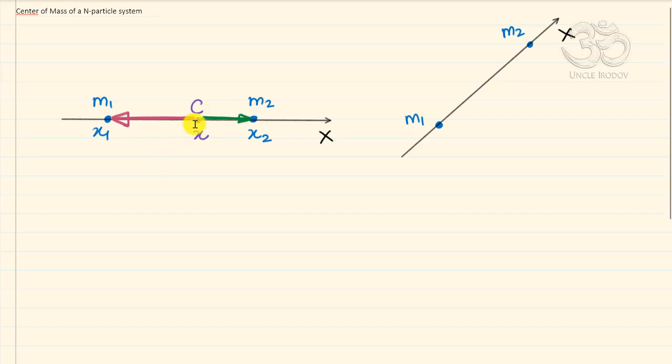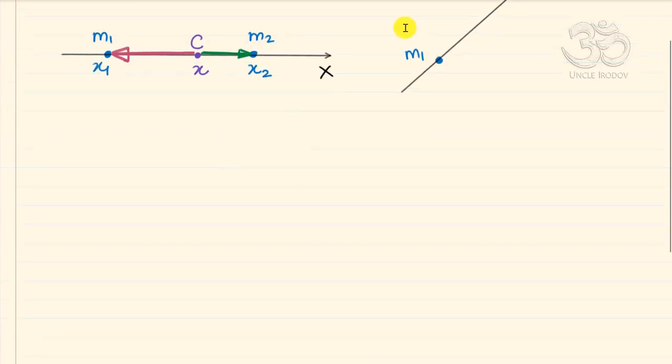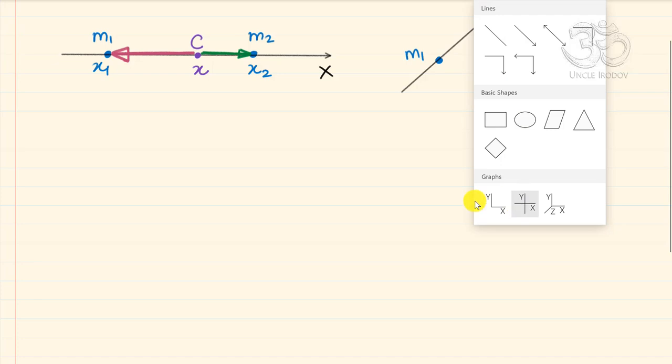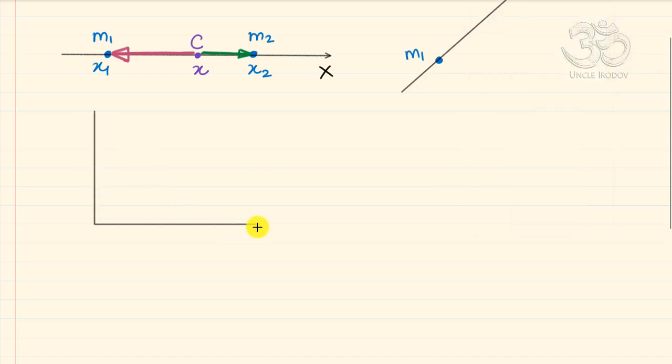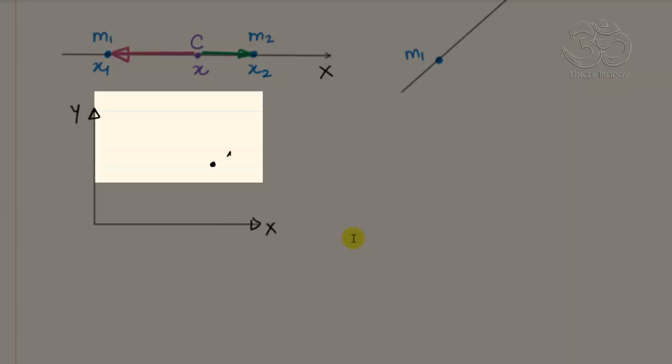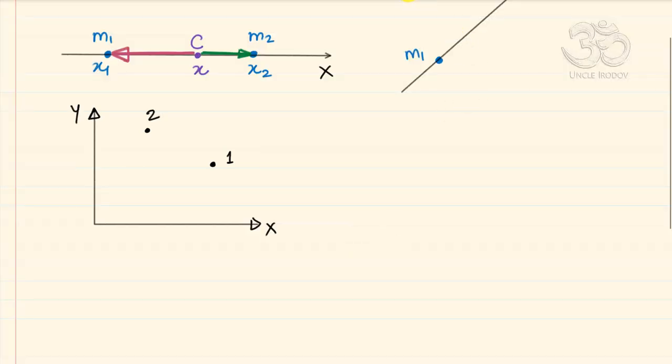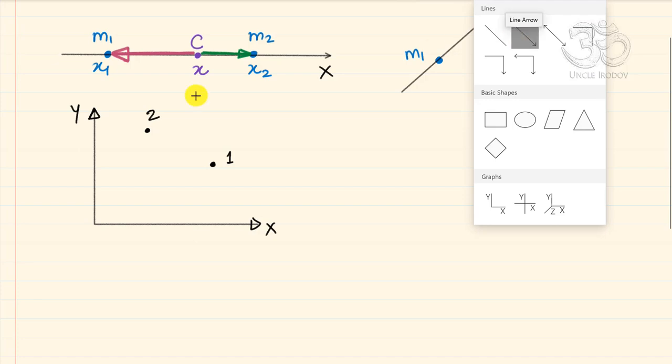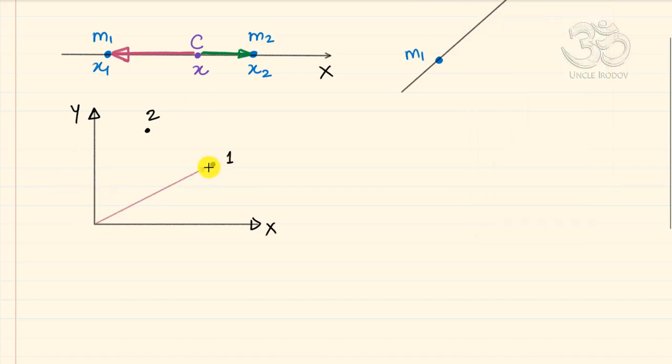And when I find this vector, let me take a case where we have a two-dimensional coordinate system so that you will easily follow. Suppose I want to figure out the vector drawn from particle 1 to particle 2, where I know the vector drawn from the origin to particle 1 is R1, and the vector drawn from the origin to particle 2 is R2.